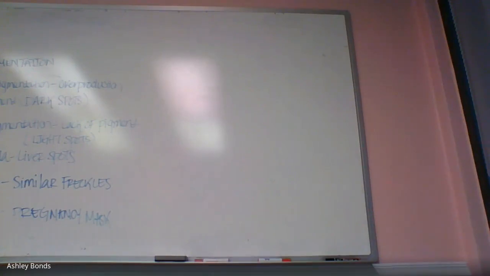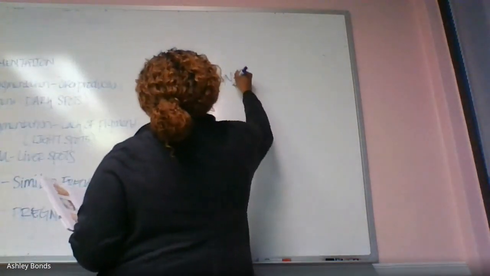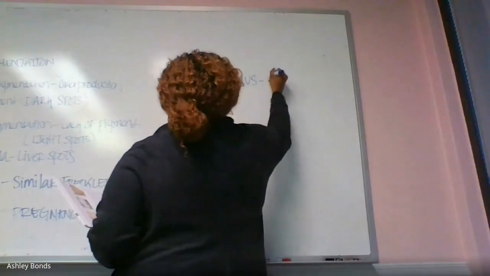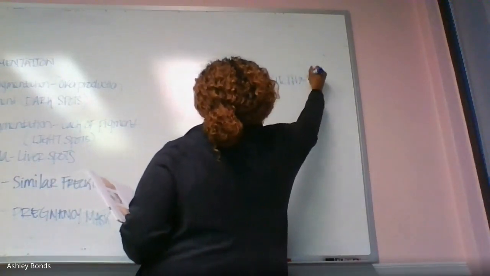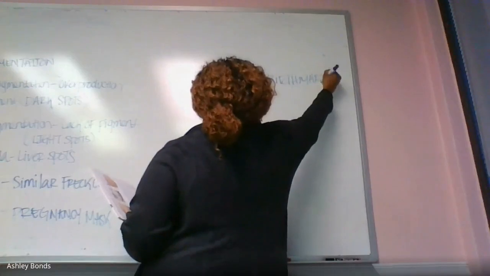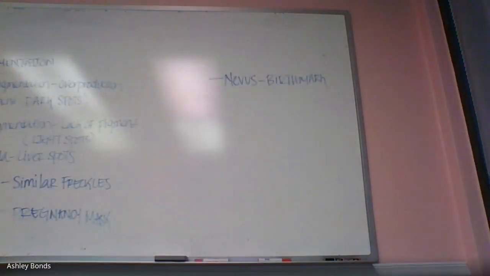What's a nevus? It's a malformation of the skin from abnormal pigmentation or dilated capillaries. Do we have any nevuses in here? Anybody born with a birthmark?